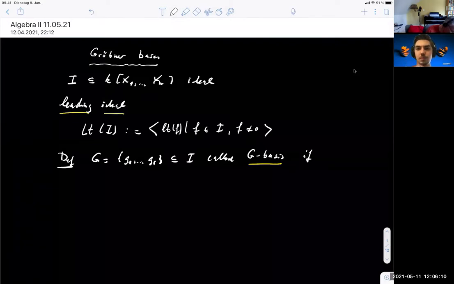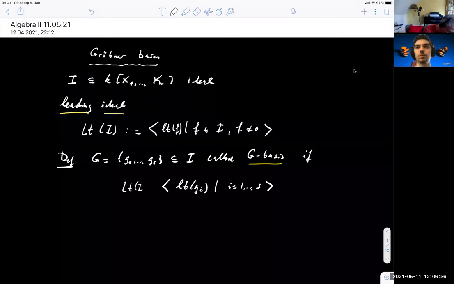I look at the ideal generated by the leading terms of all these g_i. This generates a monomial ideal, and clearly this monomial ideal is contained in the leading ideal. But I want it to be the leading ideal. If this is the case, then I call G a Gröbner basis. And this is not a statement, this is the definition.